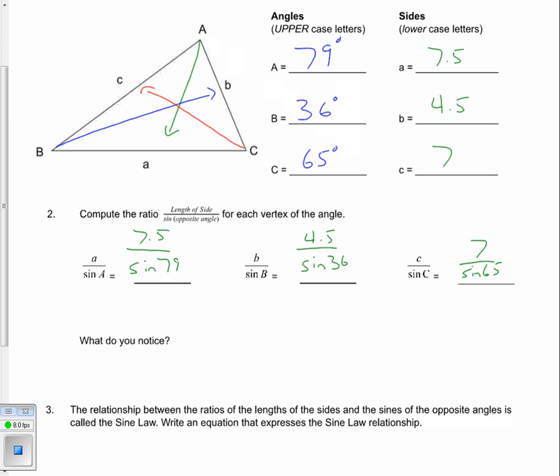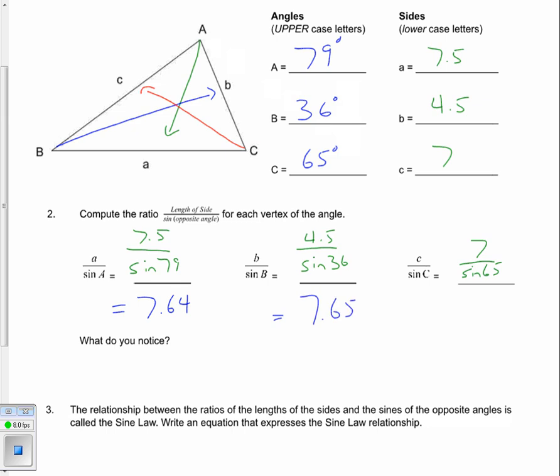Well, if I actually compute this, what's interesting to note is that 7.5 divided by the sine of 79 degrees equals about 7.64. If I take 4.5 and divide it by sine 36, that equals about 7.65.